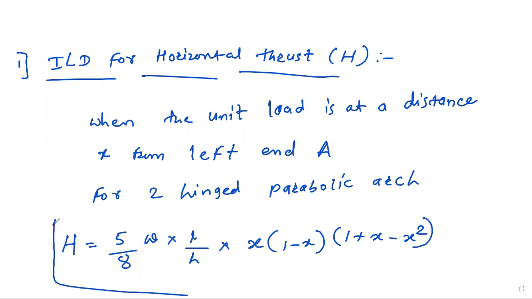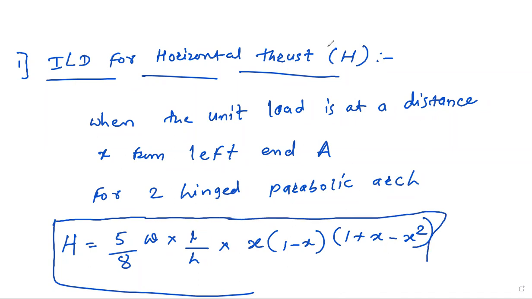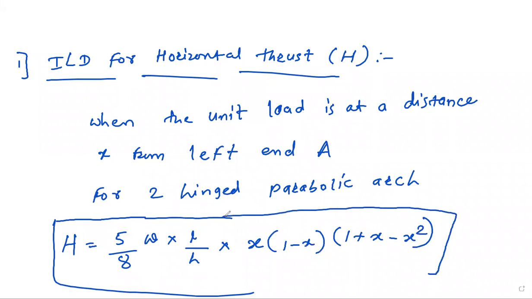This is the equation of H. As I told in last lecture also, you have to remember this equation. As you apply the 1 kilonewton load, W is equal to 1. Shall I proceed? Yes, sir.